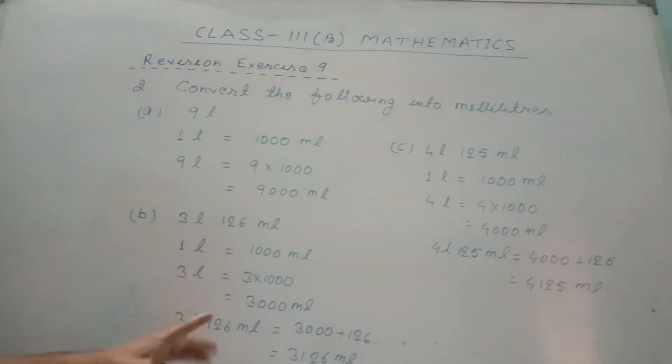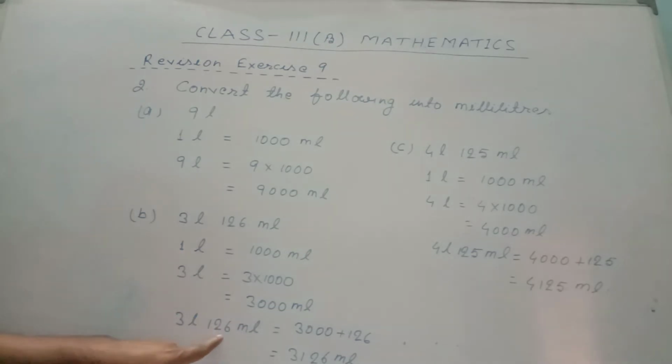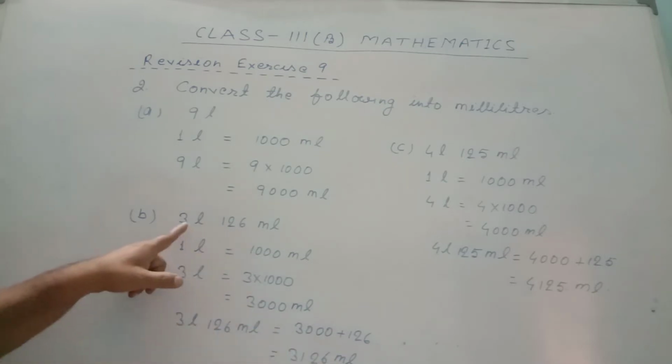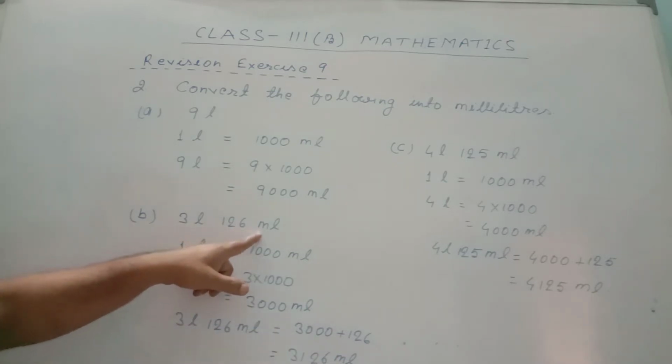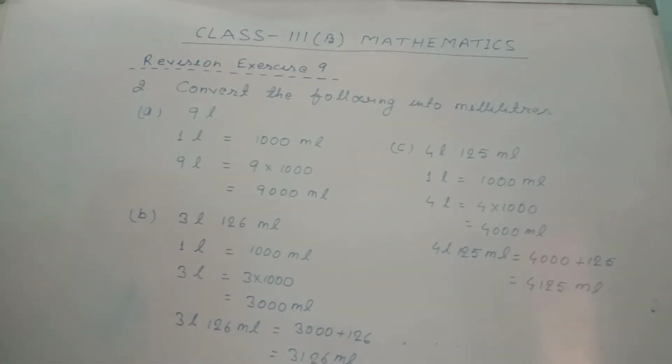So these two quantities will be added. So for 3 liter I wrote here 3000 from here, and this 126 is added, and in this way we got 3126 milliliter. Therefore 3 liter 126 milliliter equal to 3126 milliliter.